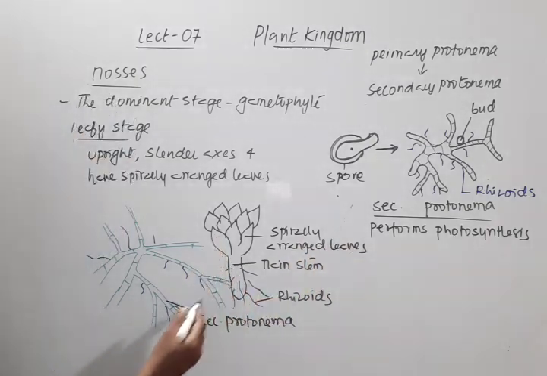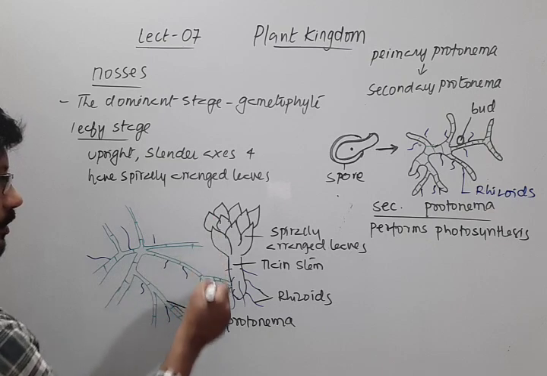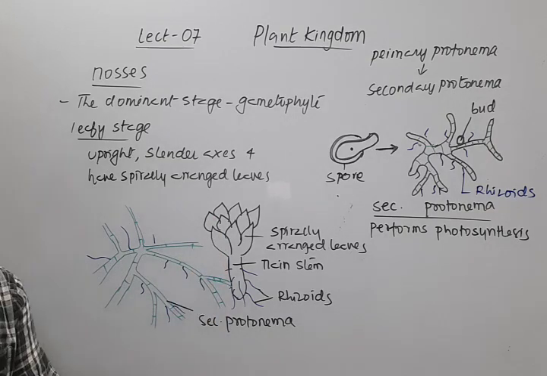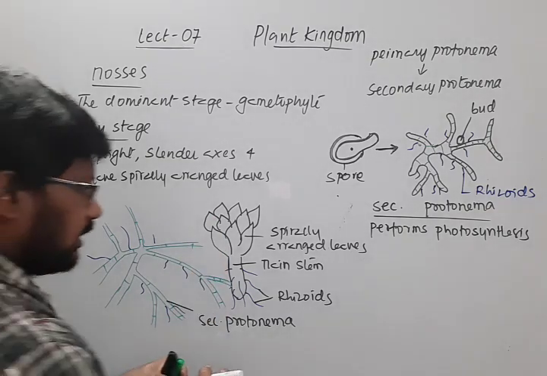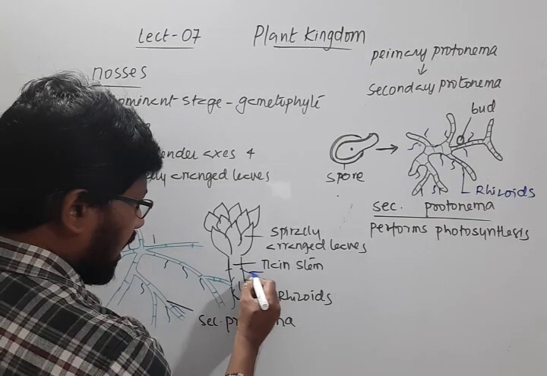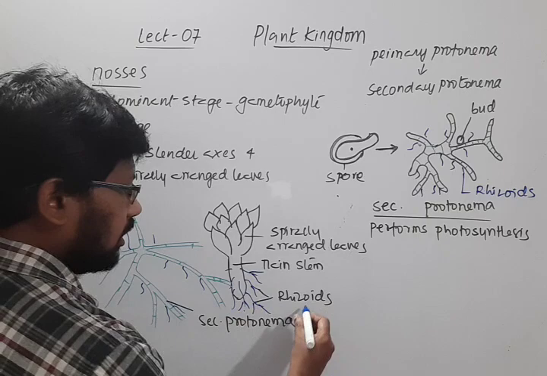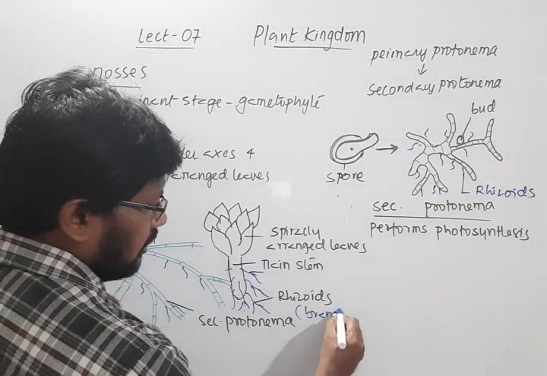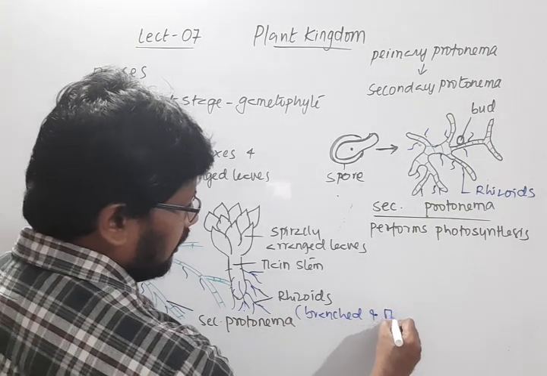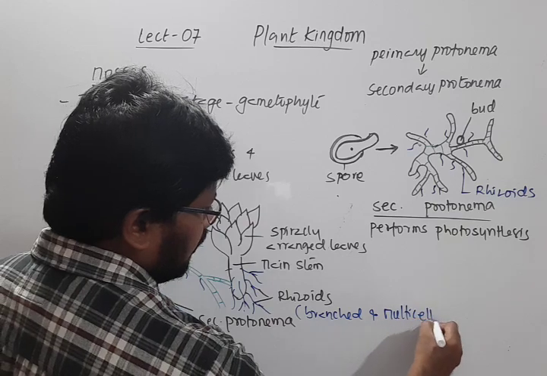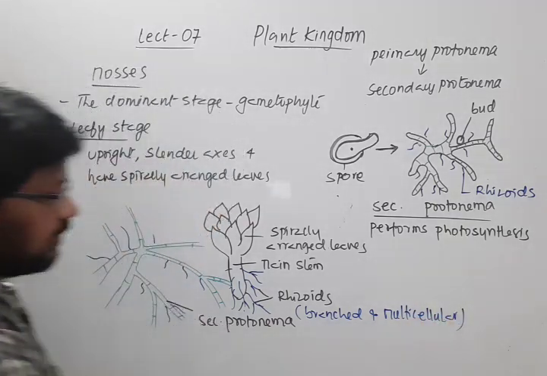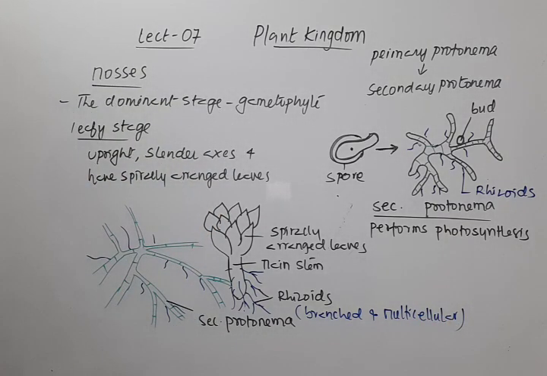Okay, so this portion actually constitutes the gametophyte, and the rhizoids are branched. So they are branched and multicellular. These rhizoids will help in anchorage and absorption of substances from the soil.